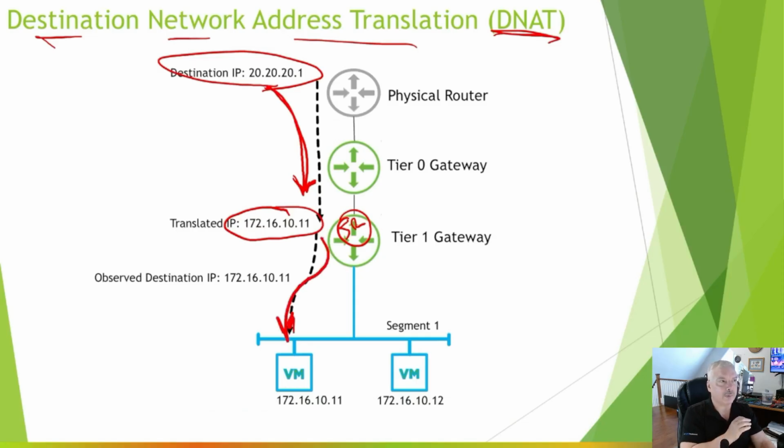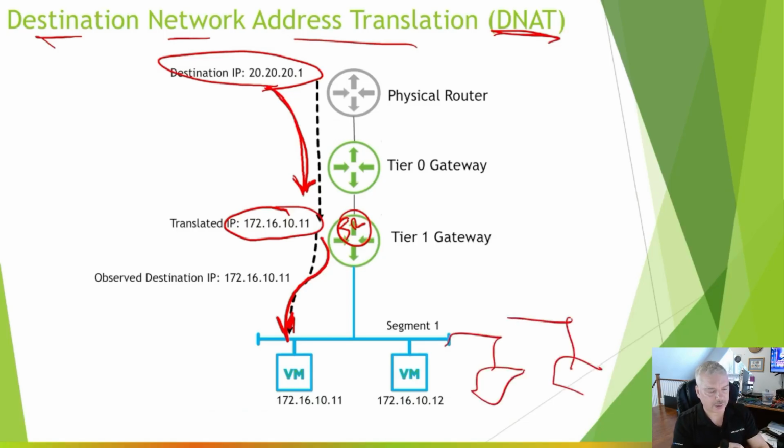A good example on this one is a load balancer. I'm not showing you a load balancer, but a load balancer does destination NATing. It will take an address that's coming in, and it's going to say, oh, I need to change that address to some other address down here, my web servers, and I'll base it on maybe some kind of load, round robin or whatever.